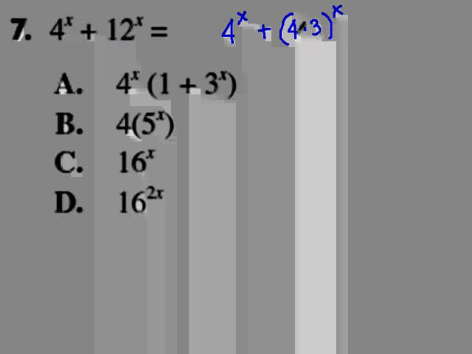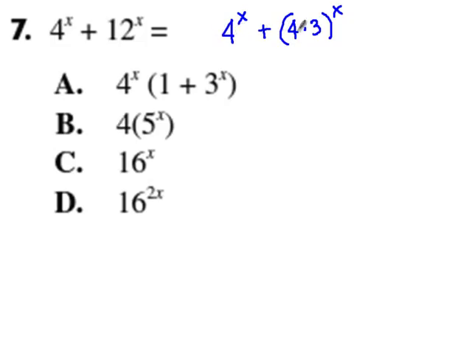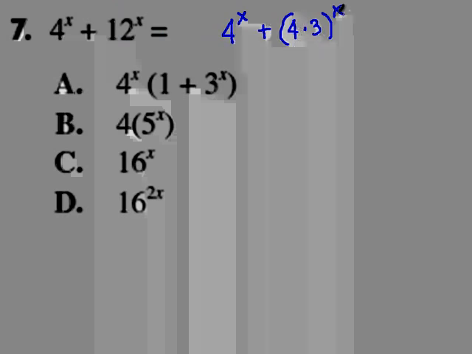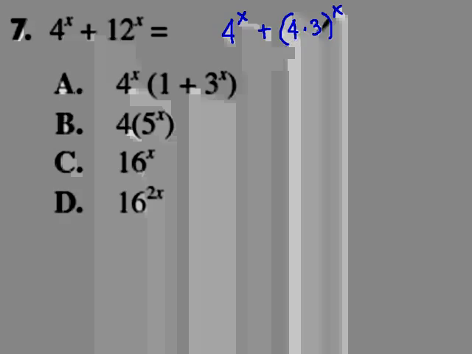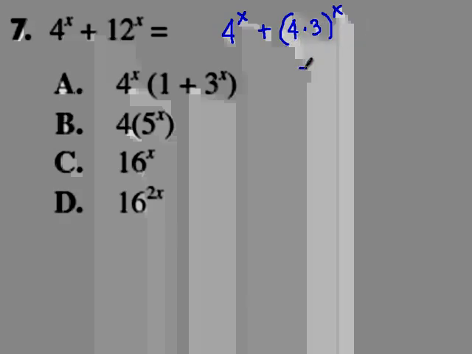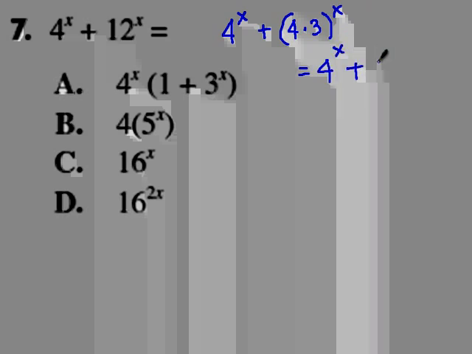And the reason why I'm doing that is because I know that later on I'll be able to factor out this 4. When you have 4 times 3 raised to x, we can rewrite this further as 4 raised to x plus 4 raised to x times 3 raised to x.